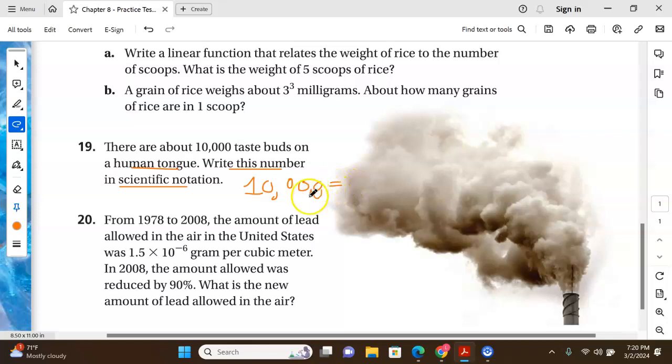Okay, well, you got 10, 20, 30, 40. So it's going to be 1 times 10 to the 4th, and you are done. Does that make sense? 10,000. Again, your single digit is 1, and there's 4 zeros, so 10 to the 4th, and that's number 19.